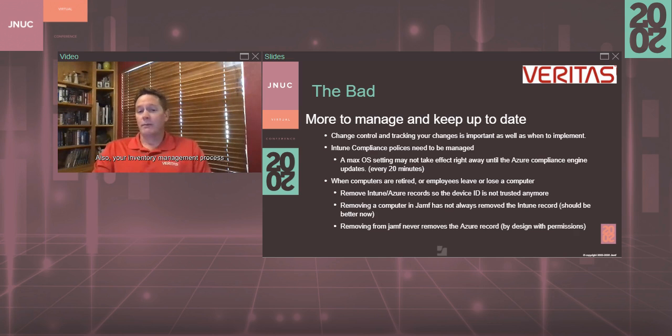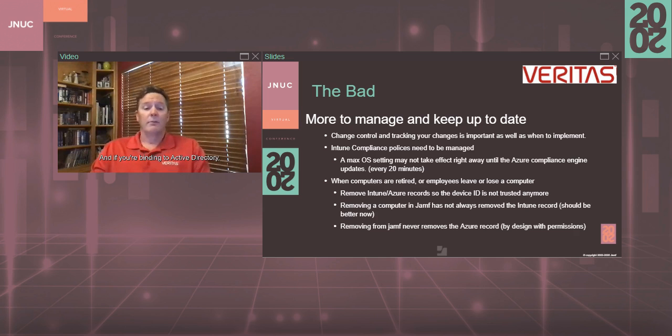Also, your inventory management process probably needs to start including checking the Azure records for a user and deleting old devices. You should also make sure that all the Intune records or the Microsoft Endpoint Management records are cleaned up for a device when you've deleted it out of Jamf. If you just move something into unmanaged on Jamf, you still might want to go into Intune and Azure to be able to get those devices out there.